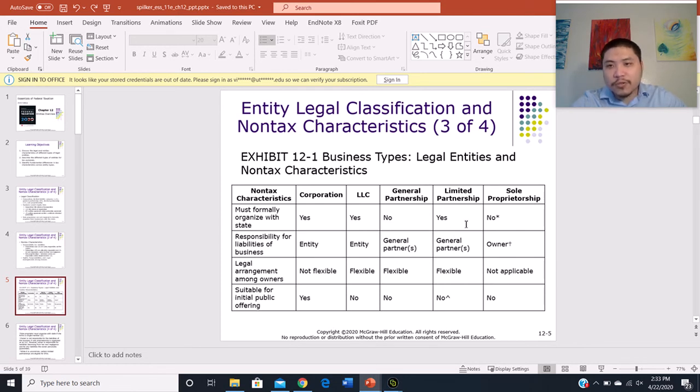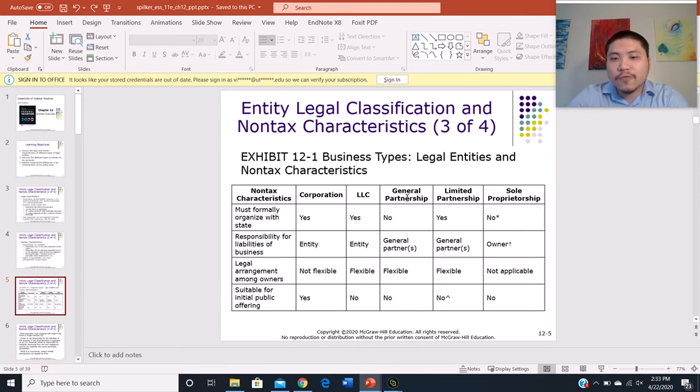For a general partnership, you don't really have to file a legal form with the state, right? But for a limited partnership, since now it has to classify between the two classes of partners, they have to legally submit the paperwork to the state, right?